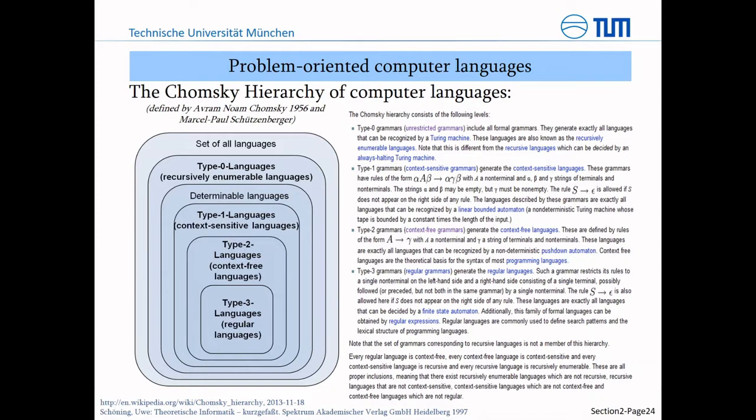Then we created the context-free languages, and we saw that some of the rules are exactly the same as the regular language rules. This means that the set of all regular languages is part of the set of context-free languages. So with a context-free language, you can also represent regular languages.